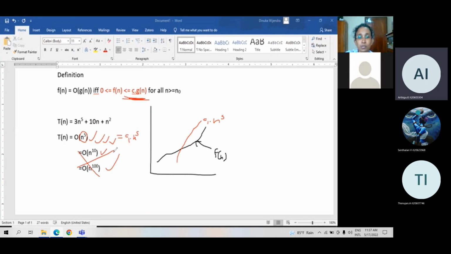And if you say this as big O of N^10, take N^10 here and multiply it with another constant, C2 N^10, and that has to be greater as well. If it is N^100, that has to be multiplied by another constant, C3 N^100, which has to be greater again.